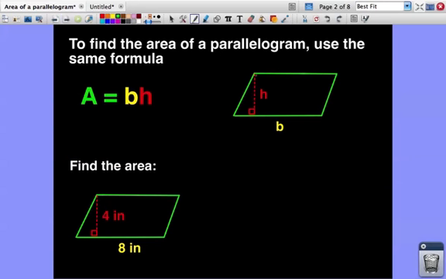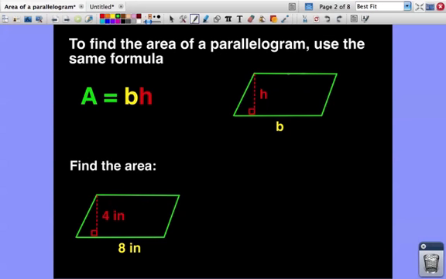Now, this is when we use this type of parallelogram that we're used to calling parallelograms. With this type of parallelogram, we want to be sure that we use our base. It's still the same base. It's still the length of the bottom or even the top. They're the same length. But now the difference is the height has to be perpendicular to the base. So it has to be this line coming straight down right here.